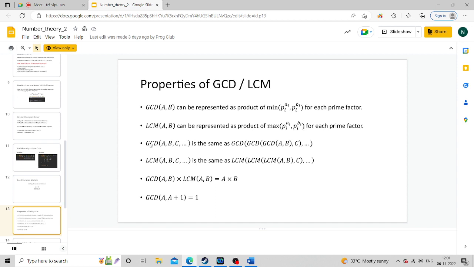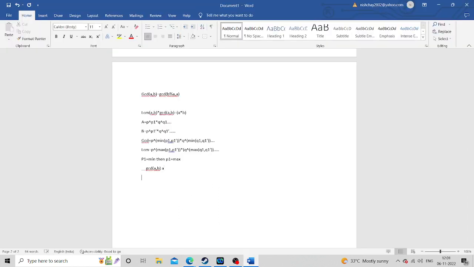Now, if you want to find the GCD of a series of numbers, suppose you want to find GCD of A, comma B, comma C, comma D. That is exactly equal to GCD of GCD of A, comma B, comma C, and then you again take GCD.